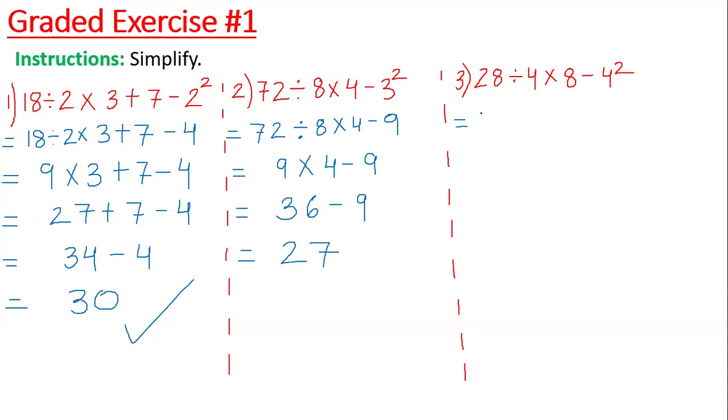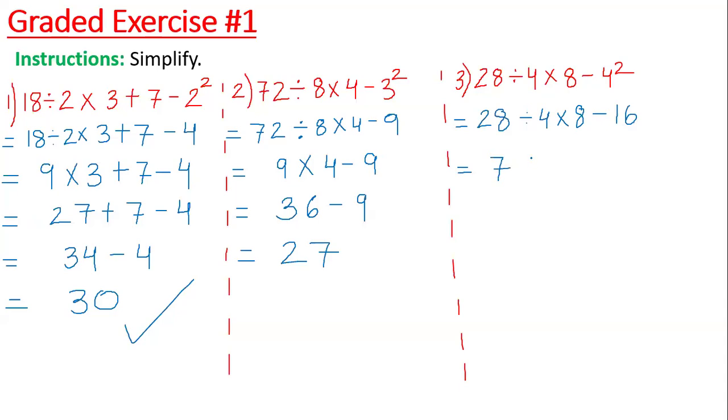40. Okay. So we have 4 squared times 8. What is 4 squared? 16. Very good. And then 28 divided by 4 is what? 7.